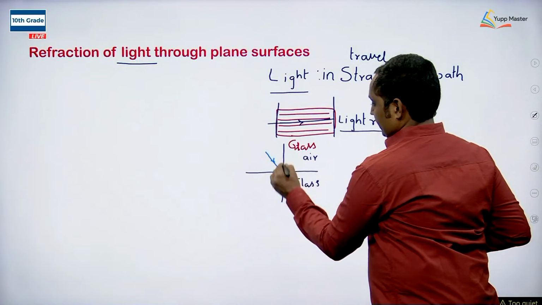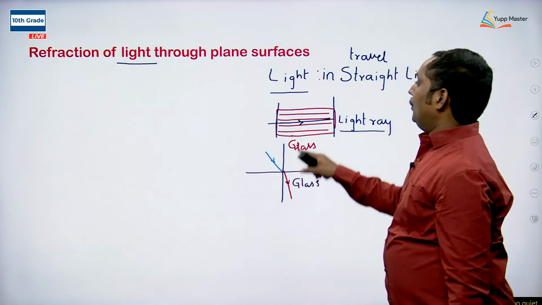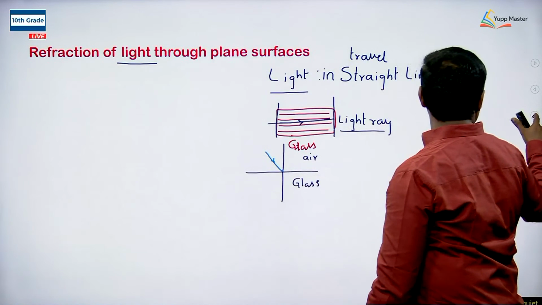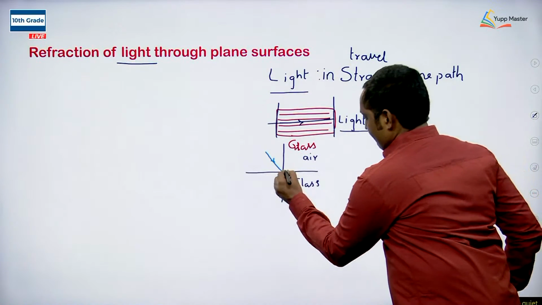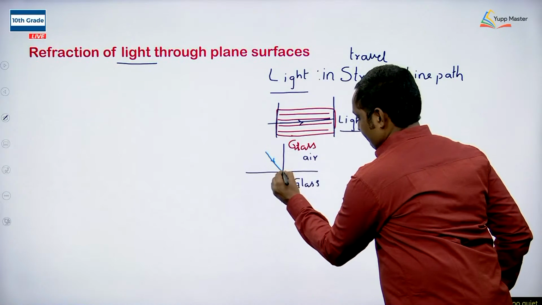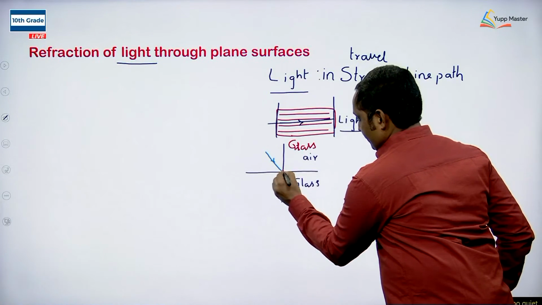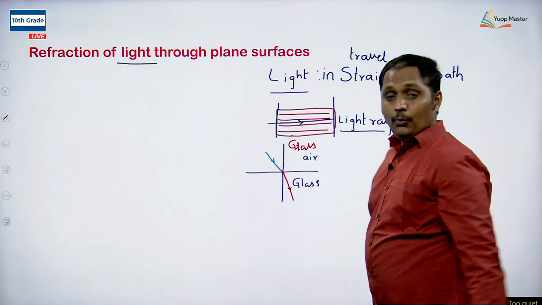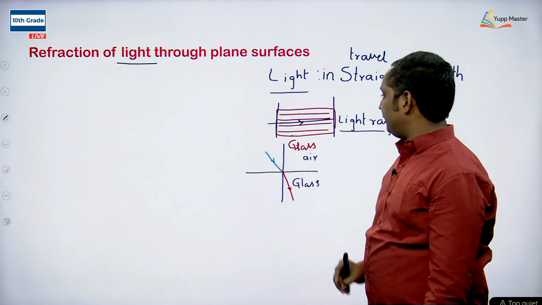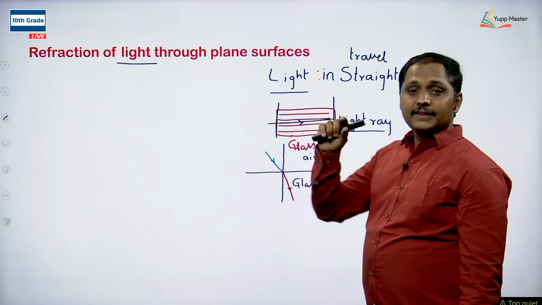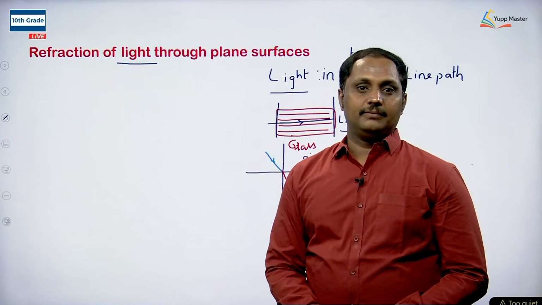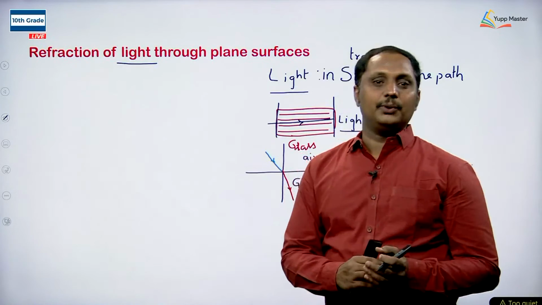What happens when light enters from one medium to another, compared to when light travels within the same medium? What is your observation? You are going to have a look at the matter.